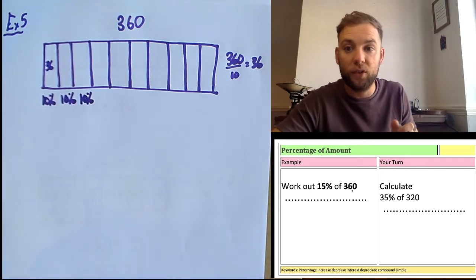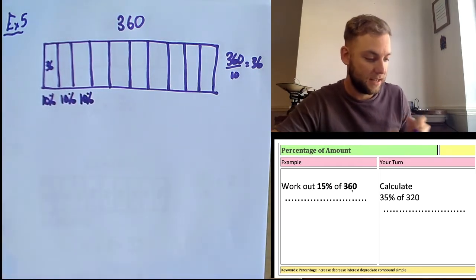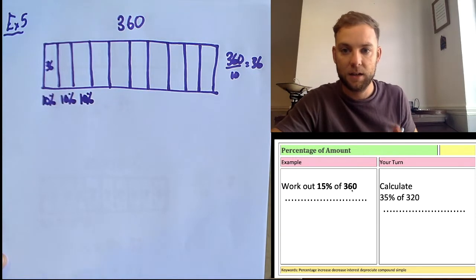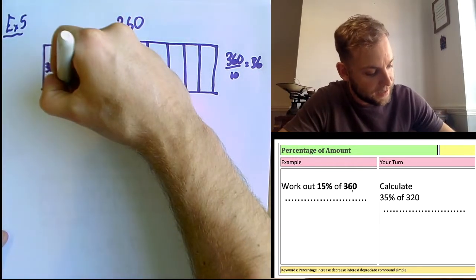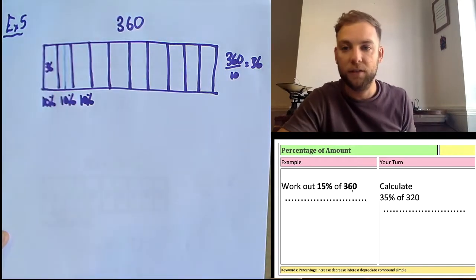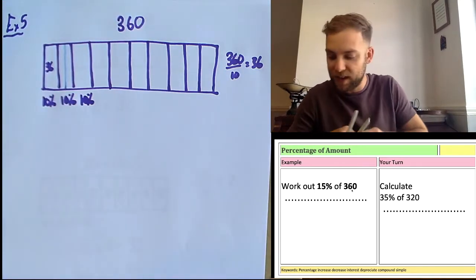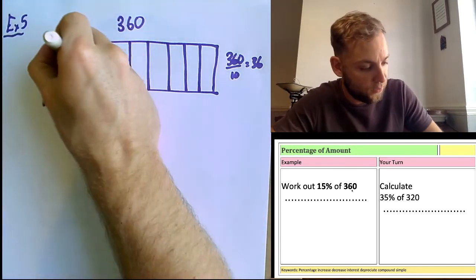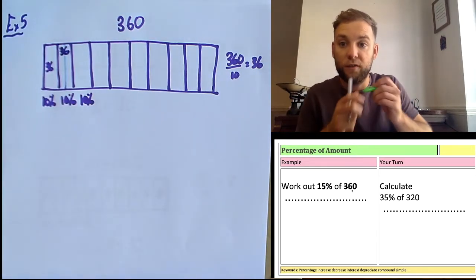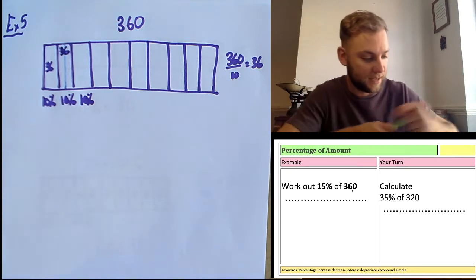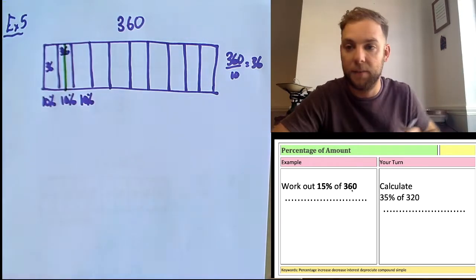I want 15. So I've got my 10%. What I also need is a 5%, and I find a 5% by splitting this one in half. Okay, so if I split this one in half, I know at the moment it's worth 36 when it's full. Okay, but I don't want a full 10%.